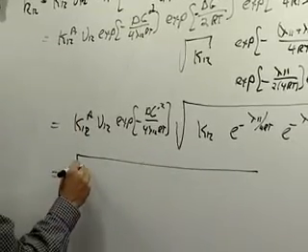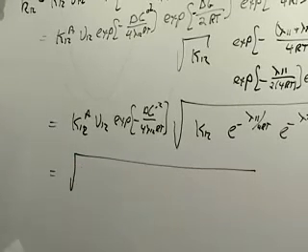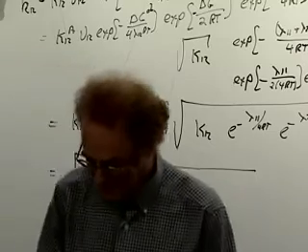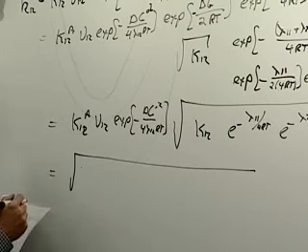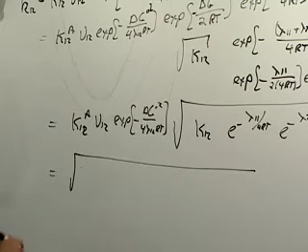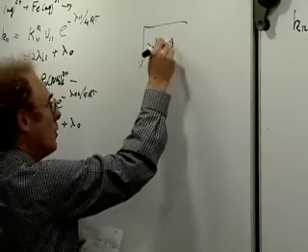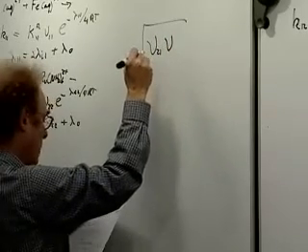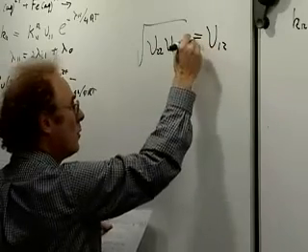how am I going to write this? How do I rewrite it? Well, what I want to say, let me just say, is that nu 2,1, nu 2,2, nu 1,1 is approximately equal to nu 1,2.